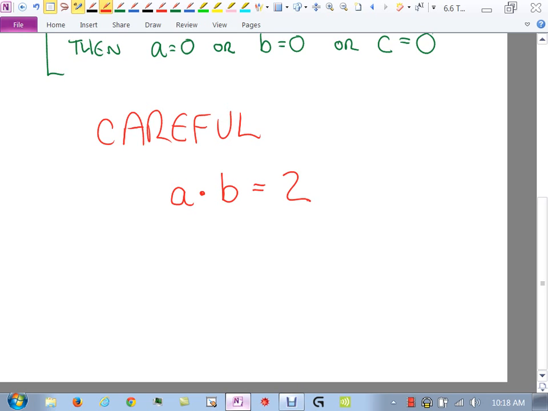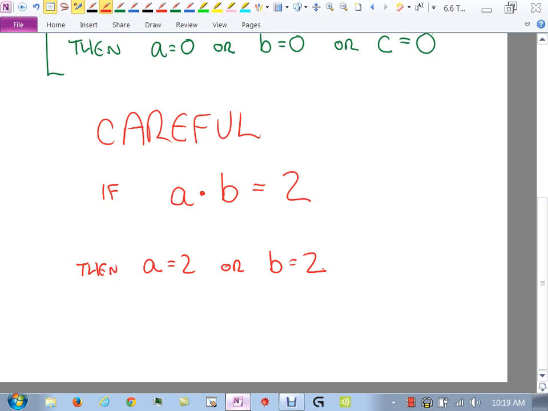Can somebody give me an example of two things that multiply to be 2 where neither one of them is 2? Well, 2 and 1, one of them is 2, right? What I mean is, if two numbers multiply to be 2, then can you say that the A has to be 2 or the B has to be 2? That one of them has to be 2.